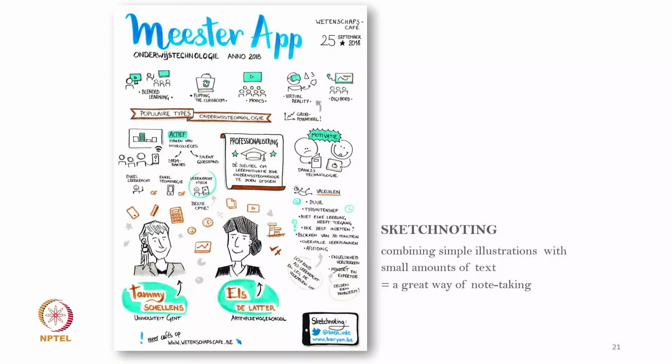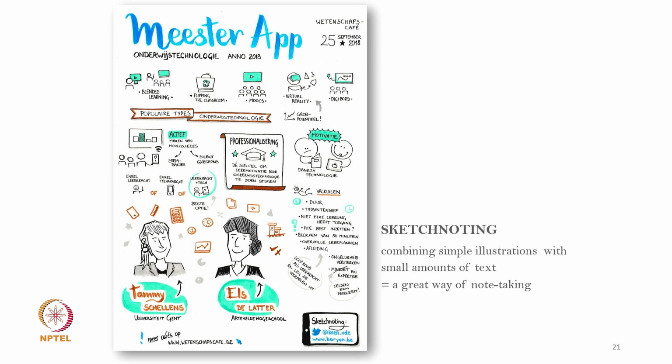Another important aspect of data visualization in research is sketchnoting. Sketchnoting is a combination of simple illustrations with a small amount of text. So when you are going to present a small amount of graphics, sketchnoting is an important way to communicate or present the research. Here is an example of sketchnoting.